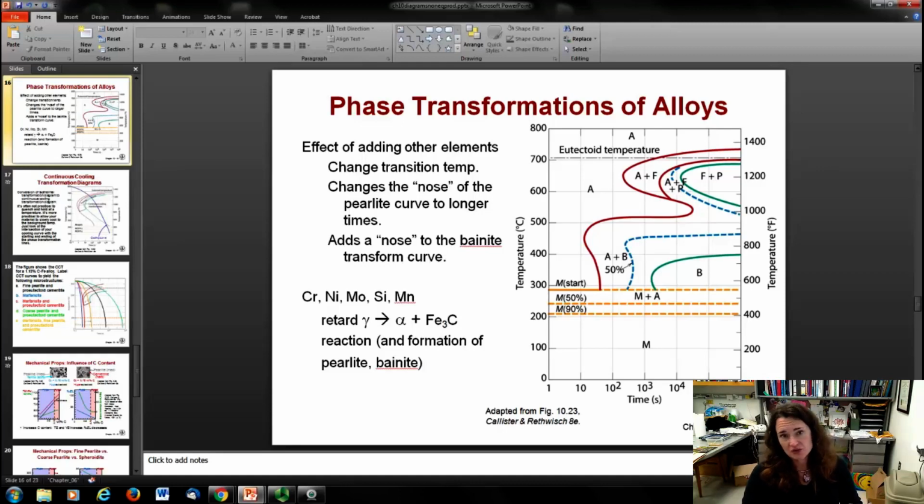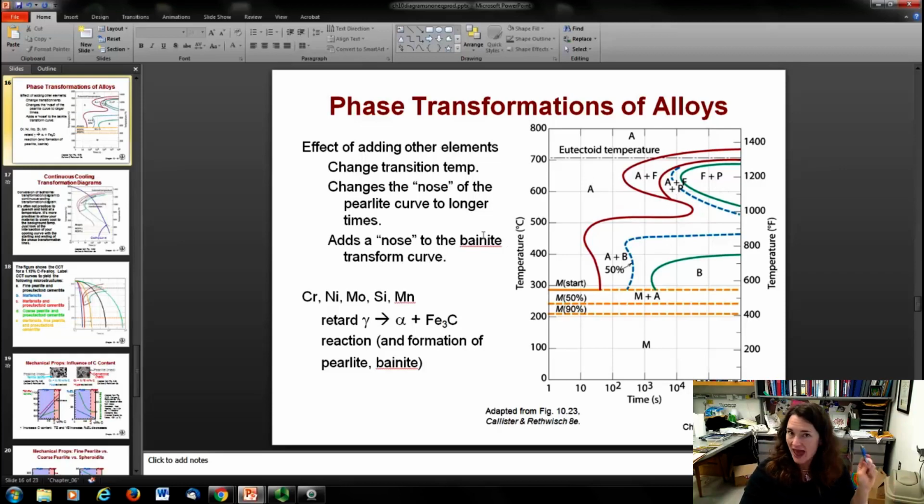What it can do is change the transition temperature. You can see that the onset for becoming martensite down here is shifted upward, so that changes the onset temperature. It can also change what's called the nose. The nose refers to the bump in the isothermal diagram, so it can change the nose to longer times, so it kind of moves it over, makes it take longer to form perlite.